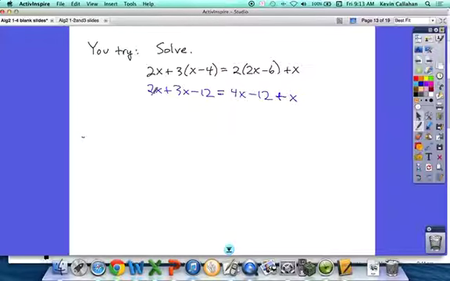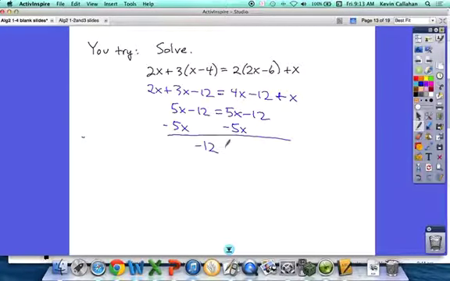So now I'm going to have 5x minus 12 equals 5x minus 12. And again, I get to that same step. I'm going to subtract 5x, but it's going to cancel all the x's in one step. So negative 12 equals negative 12.